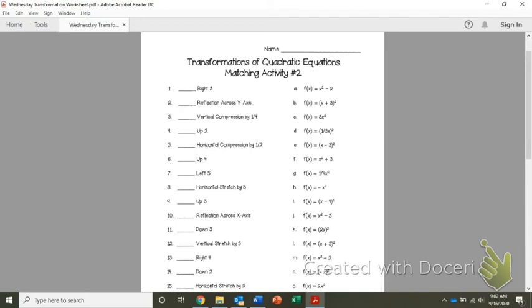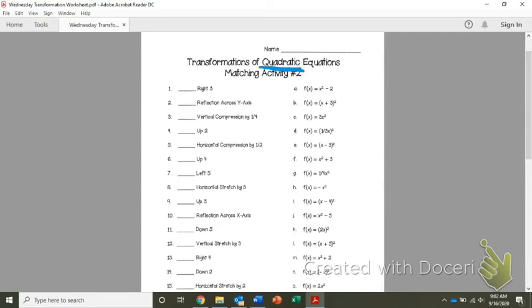So we're just going to write our rules again because you can never write them too many times. So if you look on the right side, you notice that everything has a square. So we're probably dealing with quadratic equations. Okay?